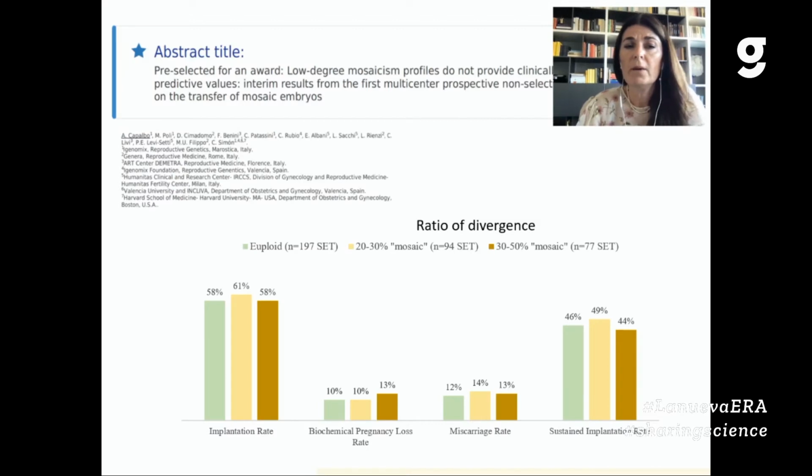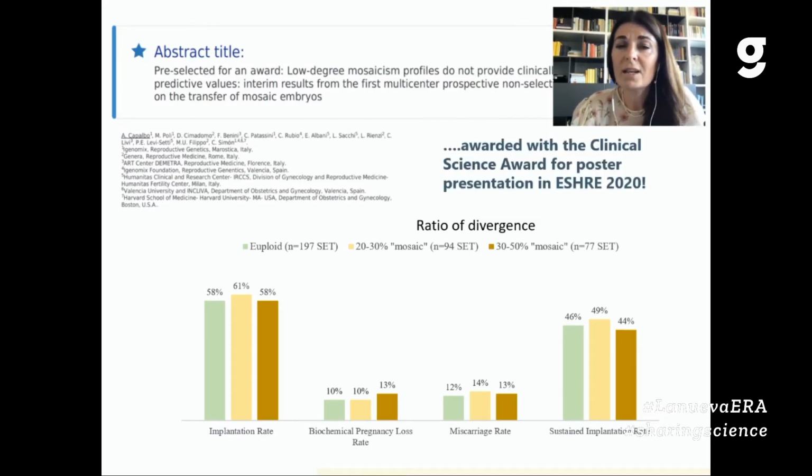And what is also very important, and this is a poster that won a prize at ESHRE 2020, is that a low ratio of mosaicism, lower than 50%, is in fact not affecting the reproductive fate of the embryo. Same implantation potential, same biochemical pregnancy, same miscarriage, same live birth, and no mosaicism reported in the babies born.